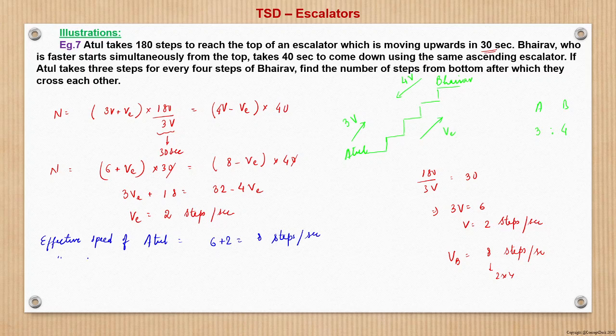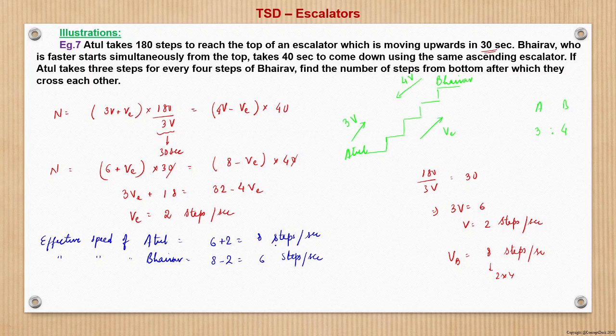And effective speed of Bhairav would be what? Opposite direction. So it will be 4v, that is 8 minus 2, which is 6 steps per second. Right? 6 steps per second. So therefore ratio is what?